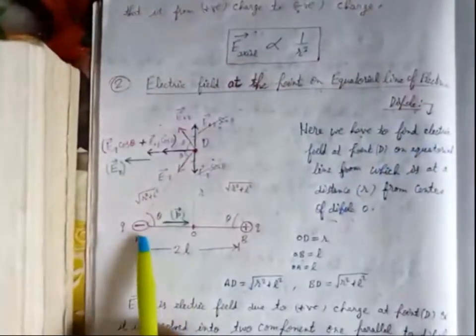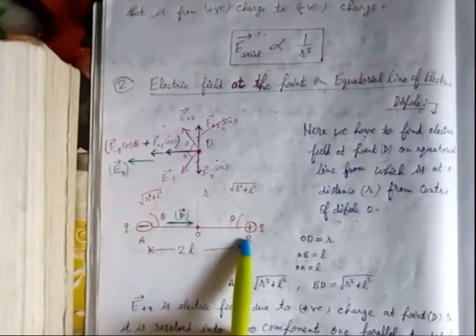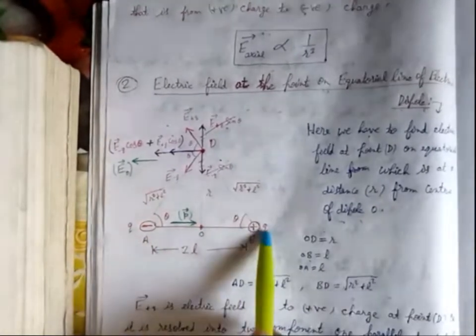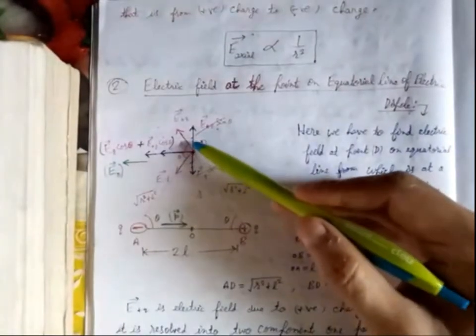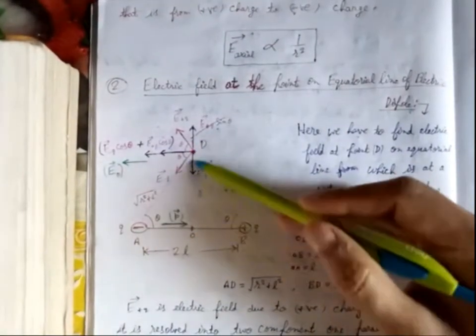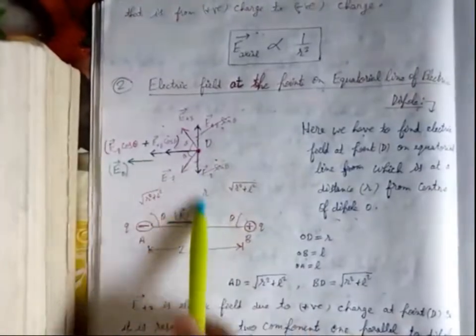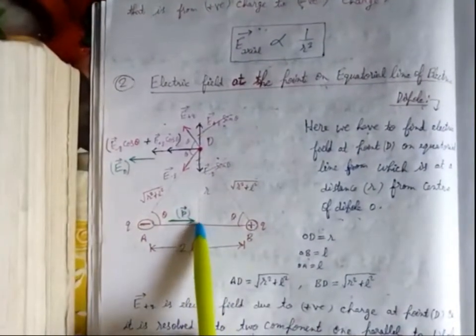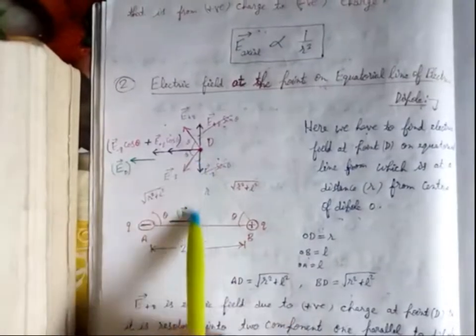It is represented here. This is the electric dipole, and this AOB is the axis of the dipole, and the line OD is the line which is perpendicular to the axis of the dipole and it is passing through center O of the dipole.